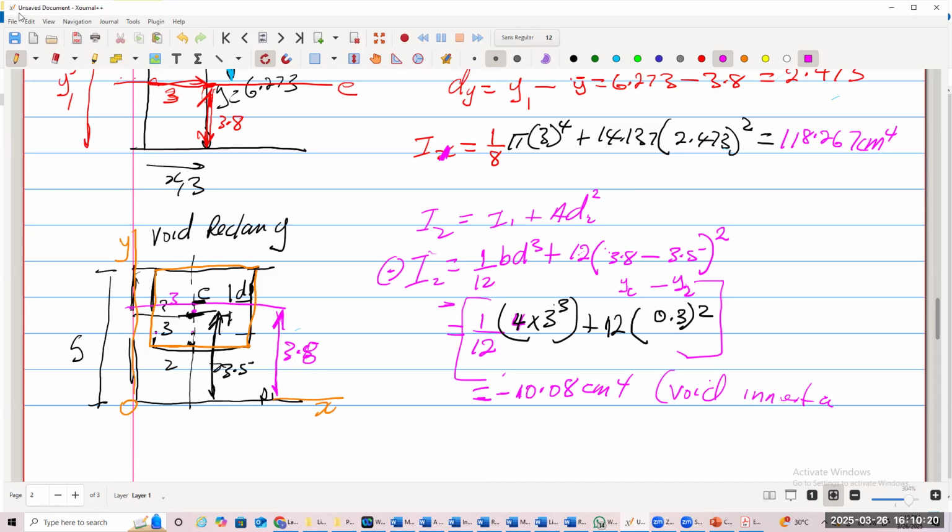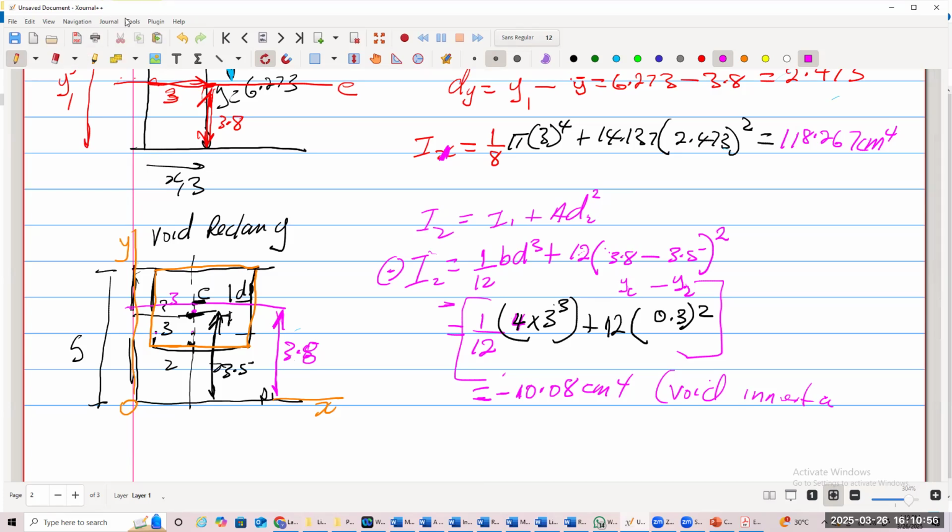This is for the X. So I have 1.5, 1.5 plus that is 3. I have 3.5 for the void, let me just check this for the void.